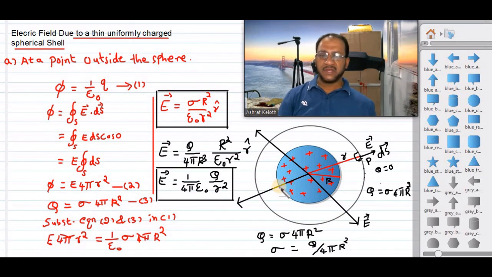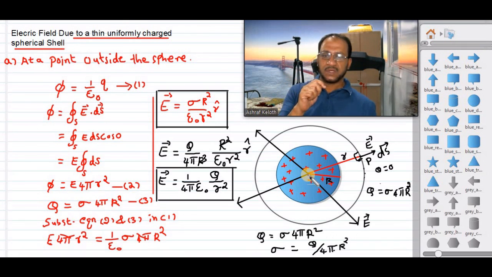The electric field at a point due to a charged spherical hollow conductor is equivalent to the electric field due to a point charge, such that the entire charge on the sphere is considered to be concentrated at its center.